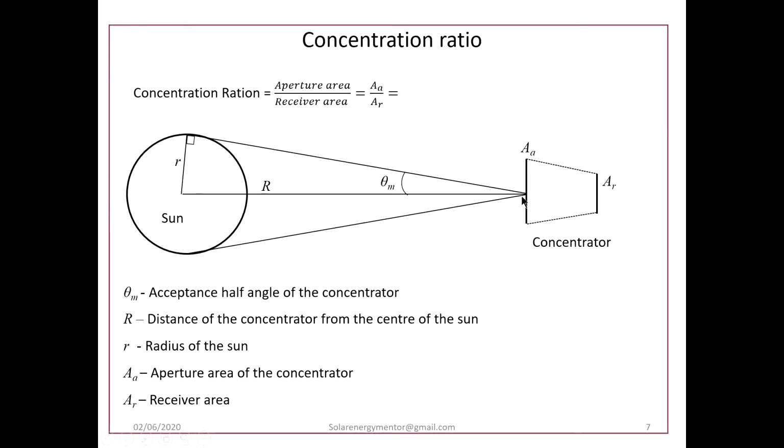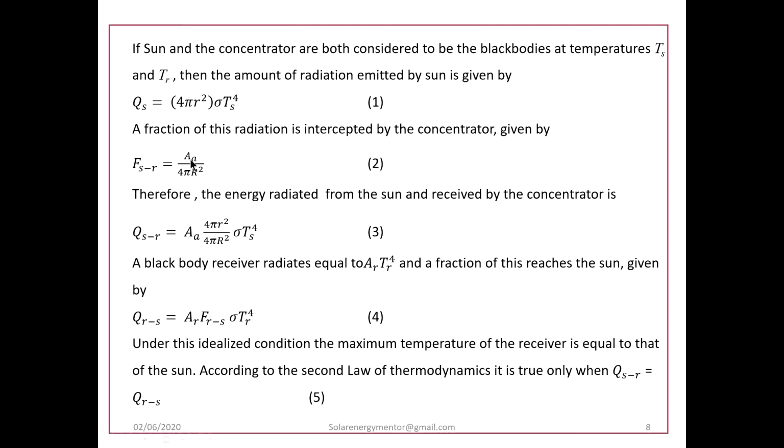This spherical surface of the sun is radiating energy at this level in this imaginary sphere. Out of that, only this AA area is received by this concentrator. So the fraction received by the concentrator is AA by 4 pi r square.